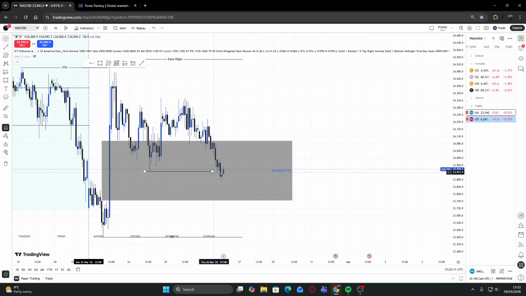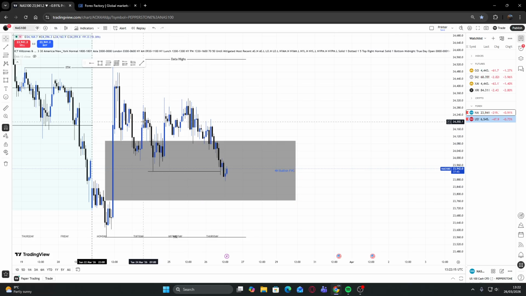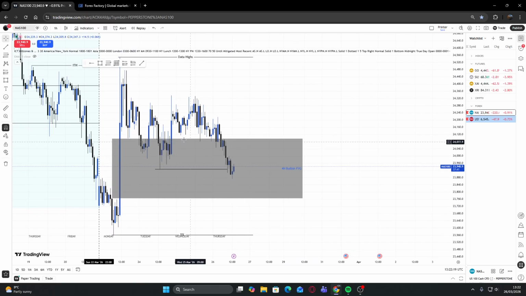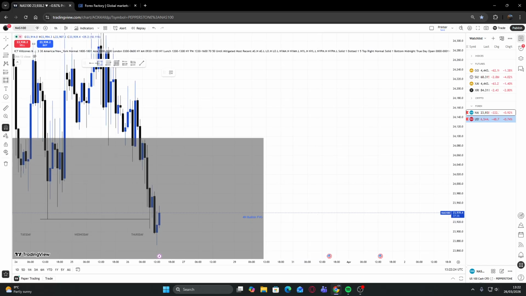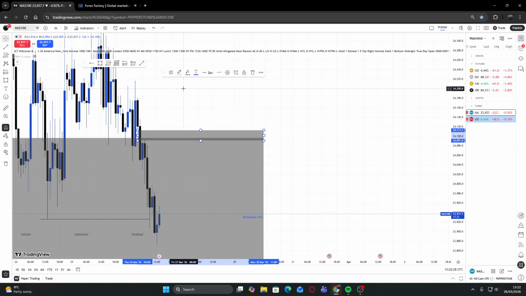We had a couple 1 hour gaps form up on this. We had this one, and they both are disrespected. And coming lower, we have an hourly gap that was held here. So we had a 1 hour bearish PD array that was held.